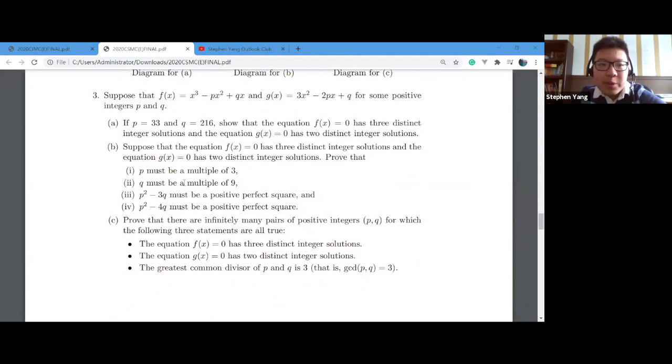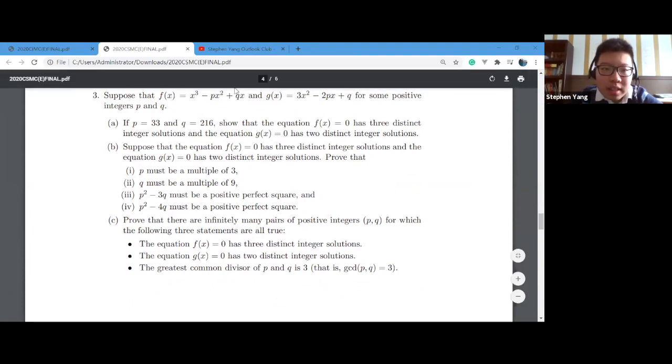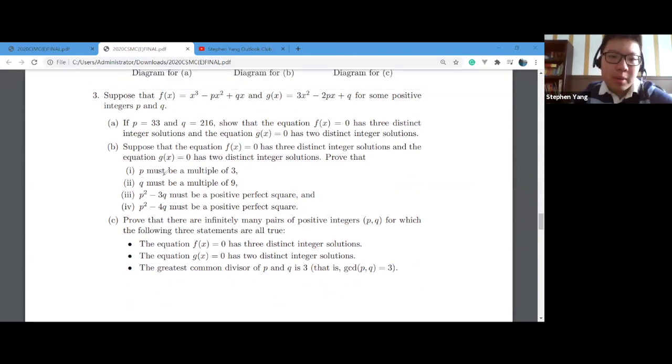Okay, so this question, we have to start with part B because if you did not do part B, you cannot do part C. I will just walk through part B on here and part C probably on the whiteboard.